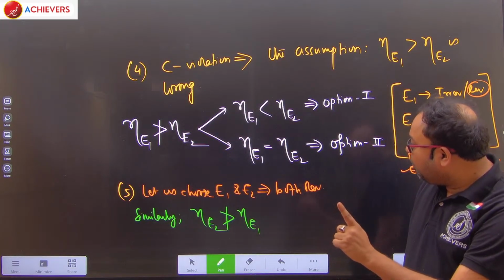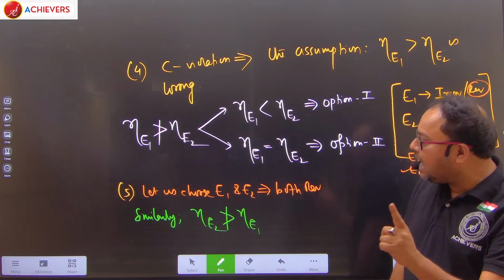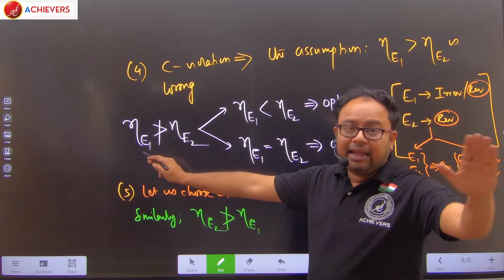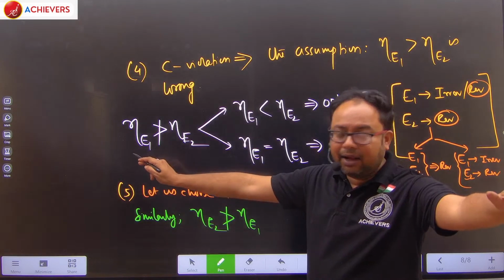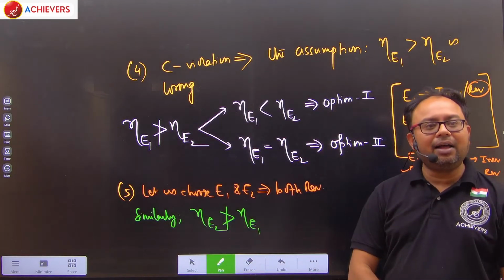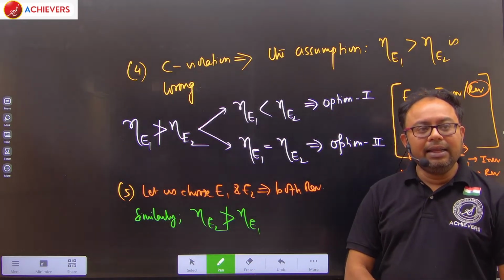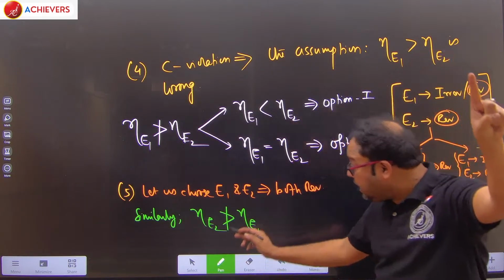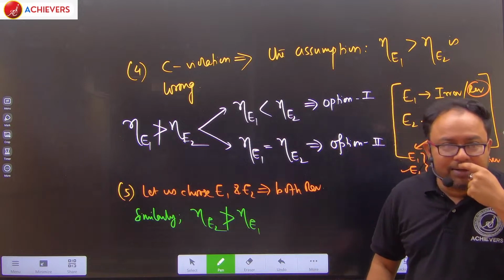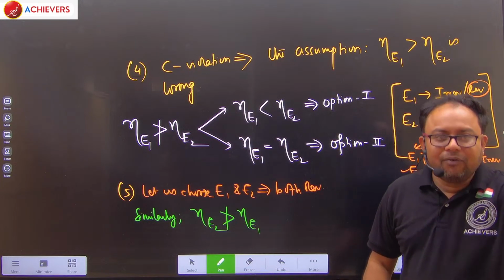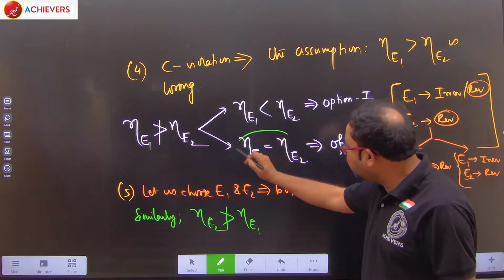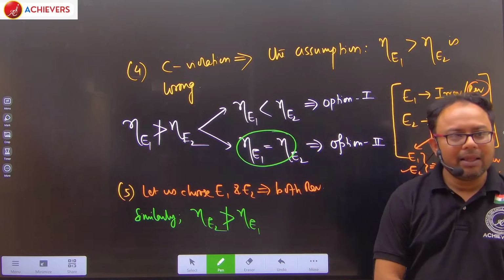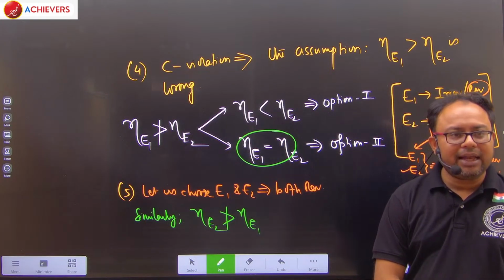So we are showing that neither E1 has greater eta nor E2 has greater eta. Neither eta E1 is greater than eta E2 nor eta E2 is greater than eta E1. Then we are just left with the single option, this one: eta E1 is equal to eta E2.